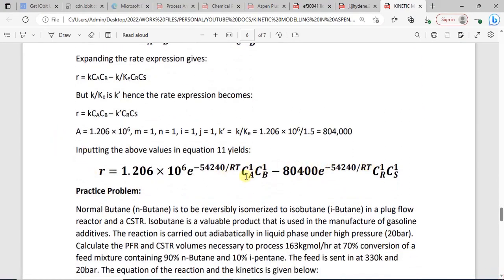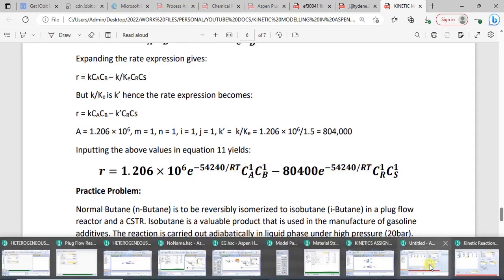So for the forward reaction, we have A, B, 1, 1. So 1 is the forward order for reactant A, and 1 is the forward order for reactant B. So it's just to input these values, which is 1, 1, into that section.